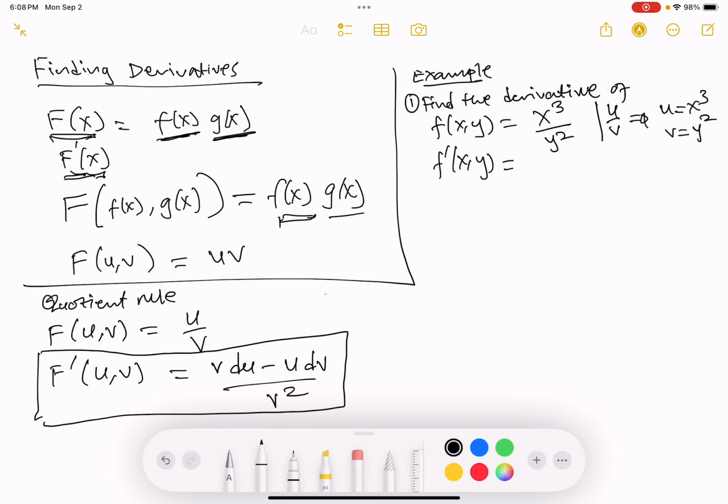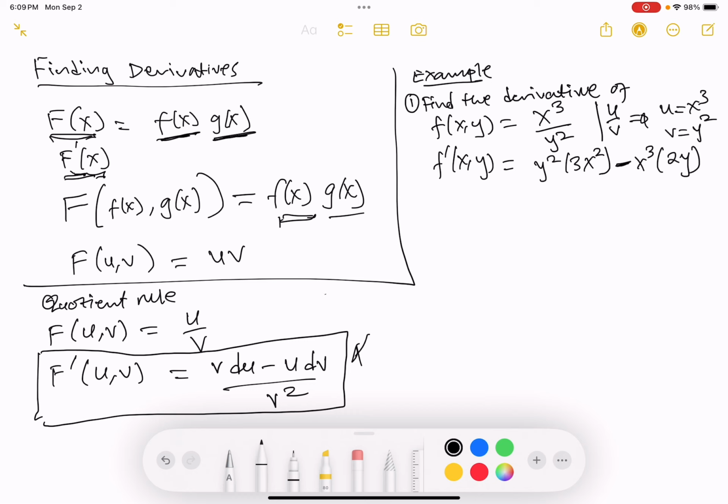So going back to this formula right here, I'll put my v here as y squared, differentiate the function with respect to u. So u we said is x cubed, so times 3x squared when you differentiate it, minus, what is u now? X cubed times derivative with respect to v, which would be now 2y.